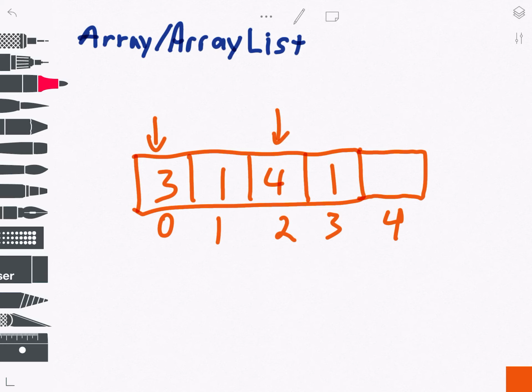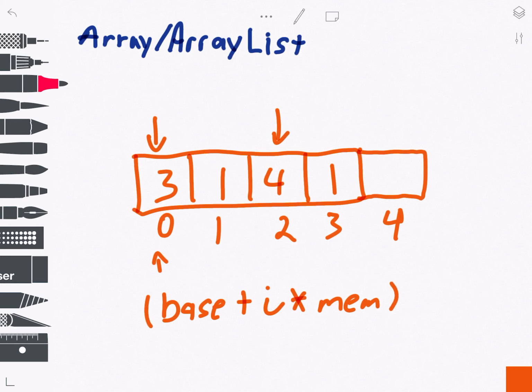It's just a base memory location, which would be wherever the 0 index is, plus I, our index, whatever index we're looking at, times whatever the amount of memory space for each individual item is. Okay, so we just take that calculation and we say, give me the thing at this memory location. It's a simple calculation the computer does. It says, give me the thing at this address, and then the computer goes and gets the thing at that address.